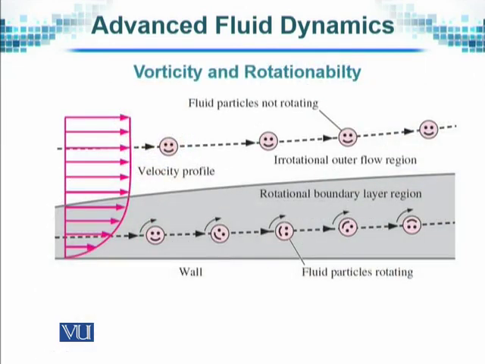You can see here, if we imagine that a flow is moving from left to right, and there is, let us say, a solid body over which the fluid is moving here in this picture from left to right. Close to the boundary, because of the viscosity, the fluid tends to stick to the wall or to the solid boundary, whichever it is.